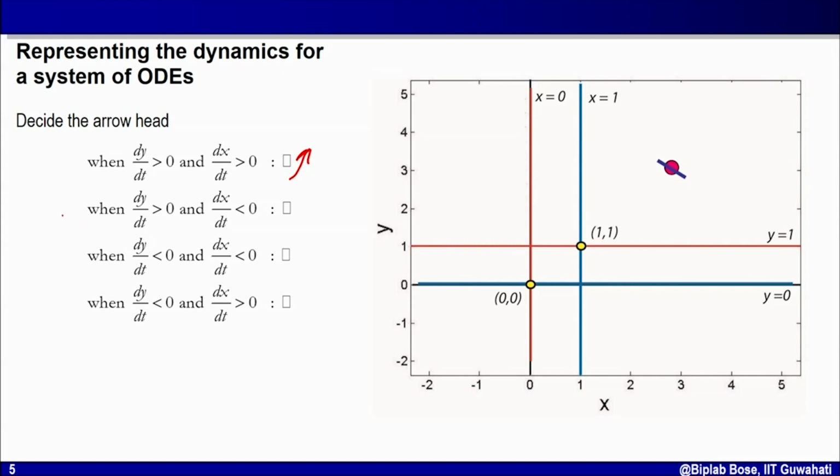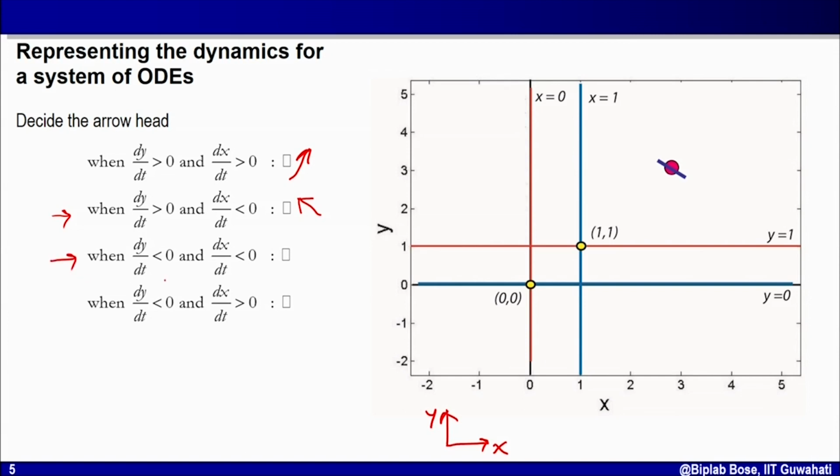When dy/dt is greater than 0, that means y is increasing with time, and dx/dt is less than 0, that means x is decreasing, then I can have an arrow like this. So y is increasing, x is decreasing. Remember, in my plane I have x on the horizontal axis, y on the vertical axis.